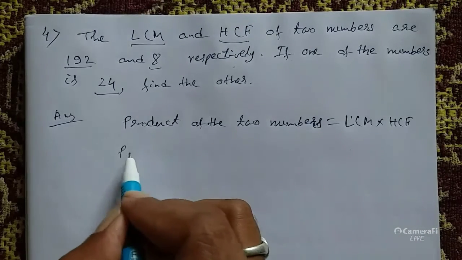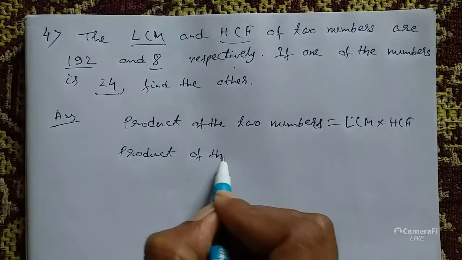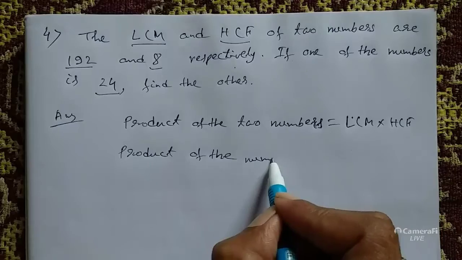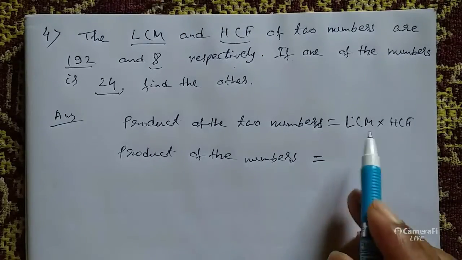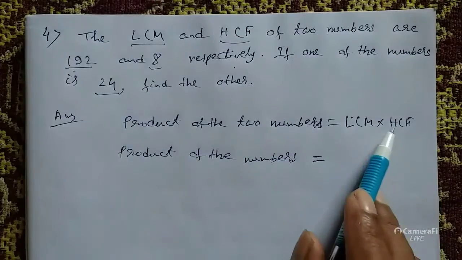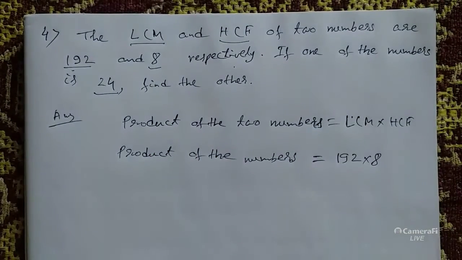So here we get product of the numbers equal to LCM, which is 192, and HCF, which is 8. So 192 multiplied by 8.